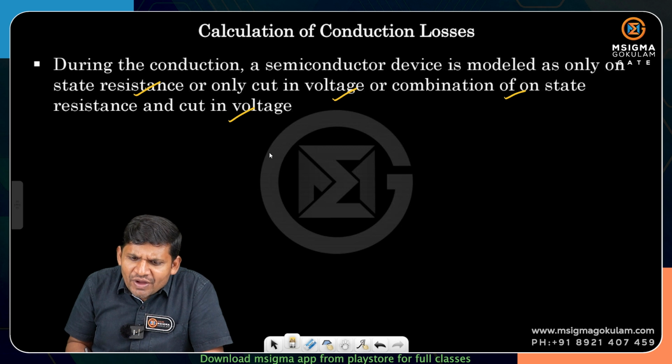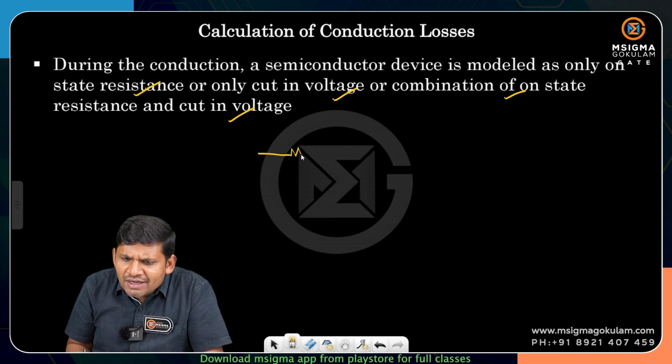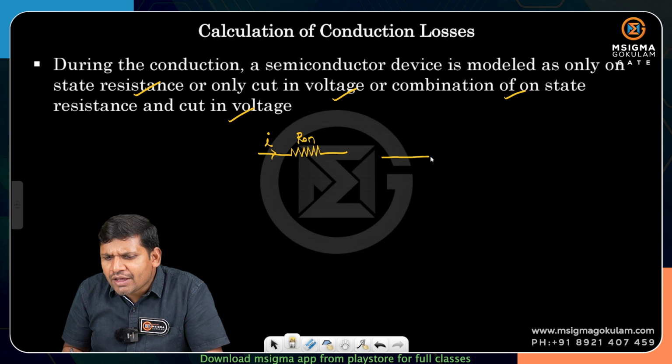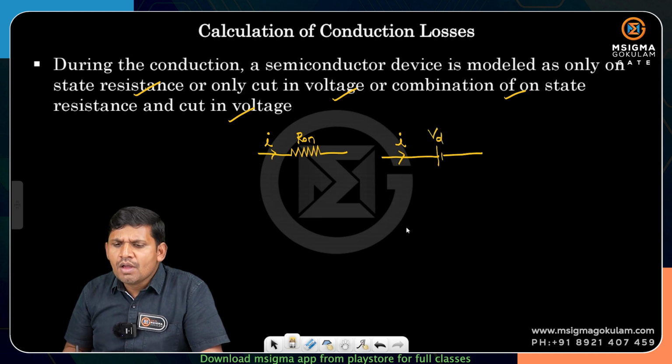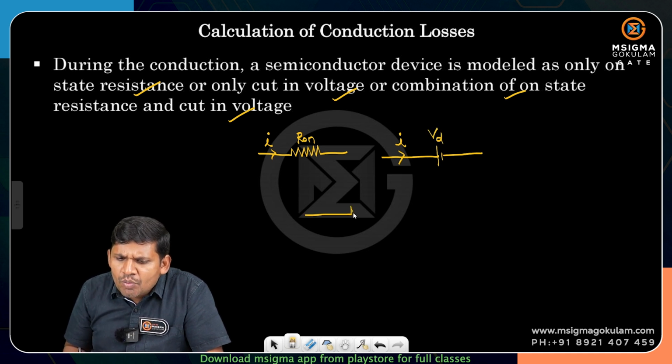If any device is conducting, it is modeled as only on-state resistance, or it is modeled as only cut-in voltage, or voltage drop, when any current is flowing, or it may be modeled as both resistance and cut-in voltage, students.